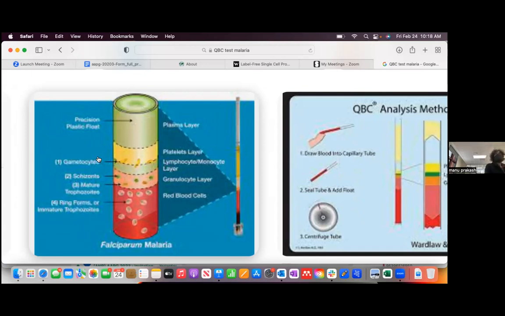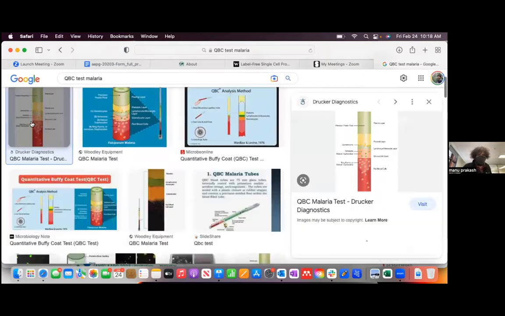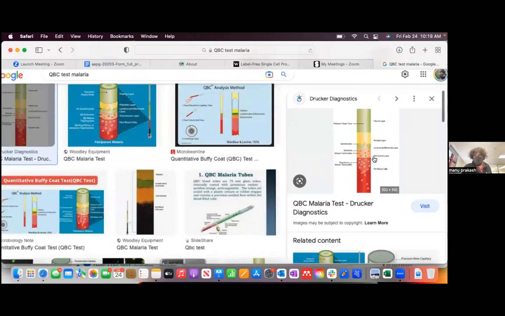It turns out blood is made of a very complex number of things. There is the RBC that you're most commonly aware of. But then you start seeing all of these other layers. I'm going to find a better photograph for that.